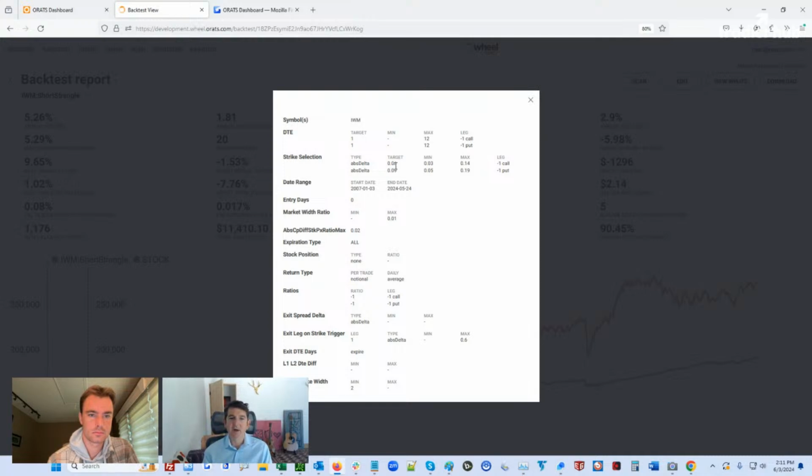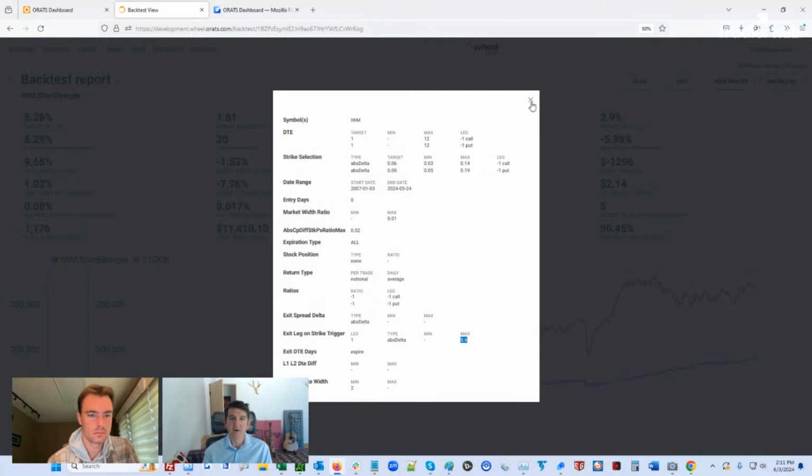But this is 6 delta on the call, 9 delta on the put short, and then let's see what else. Here's that getting out at 60 delta. So if that leg was breached, then we'd get out.